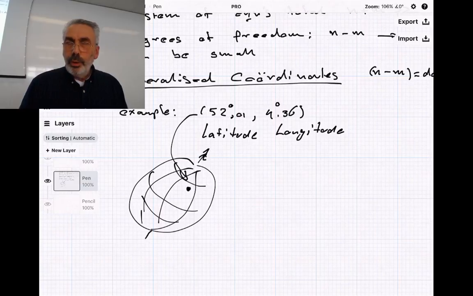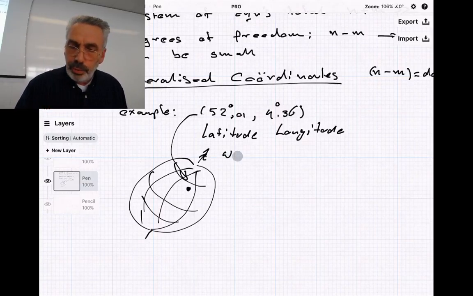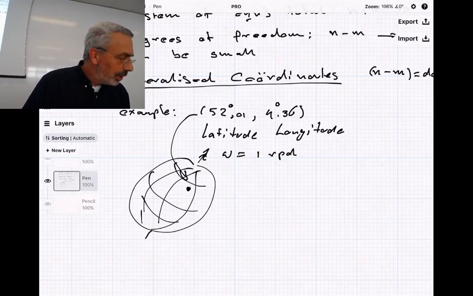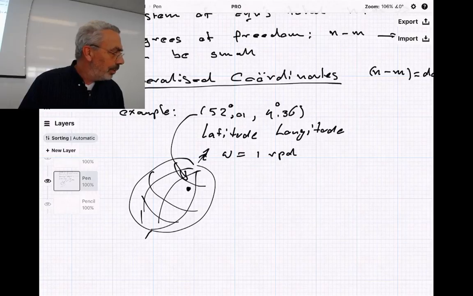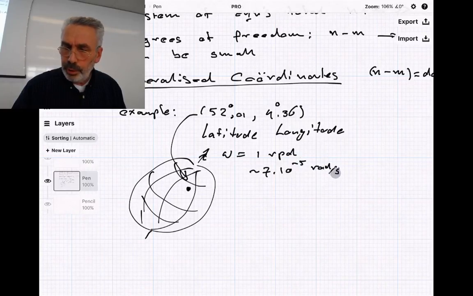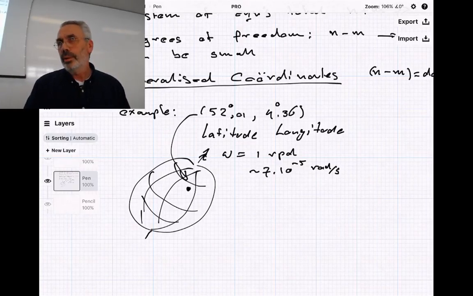The Earth's omega is 1 RPD, one round per day, which in radians per second is a very low number, something like 7 times 10 to the minus 5 radians per second. Very low rotational speed.